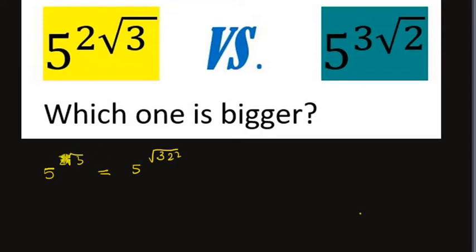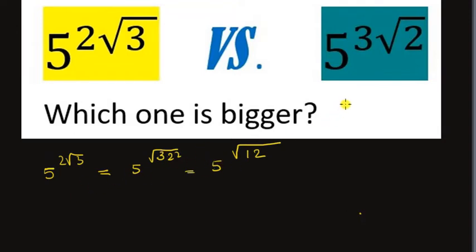Now notice that we can put 2 under the square root, right? So it's going to be 5 to the square root of 3 times 2 squared. 3 times 4 is 12. Alright, 12.